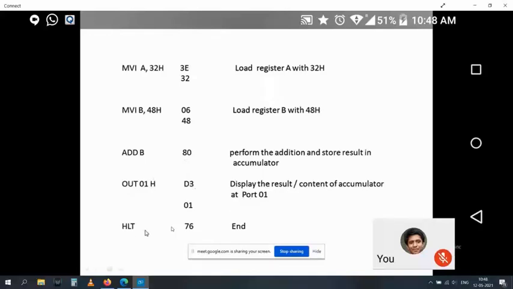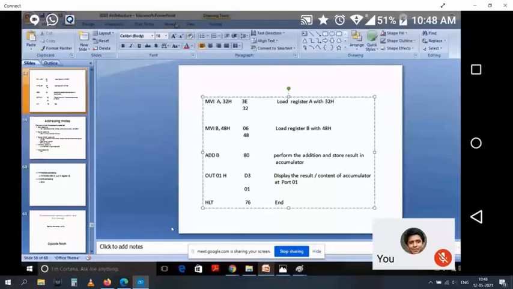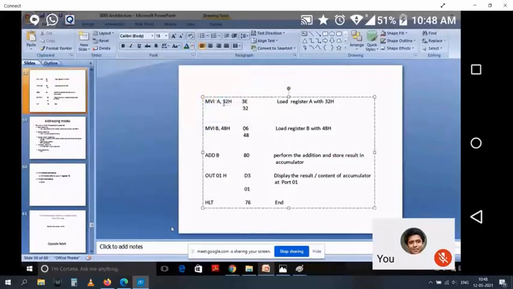So this can be seen as a small program, the addition of 2 numbers that I had written initially. First, I'm storing this value 32H here.